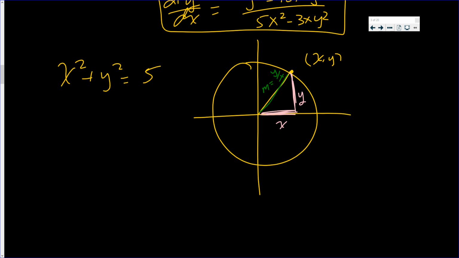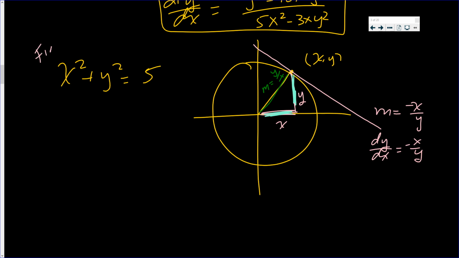The change in y, which is this, divided by the change in x, which is that. It's y over x. Okay, so then the slope of this line is perpendicular. So you flip over the y over x, and you change the sign. That is, dy dx is just going to be negative x over y.